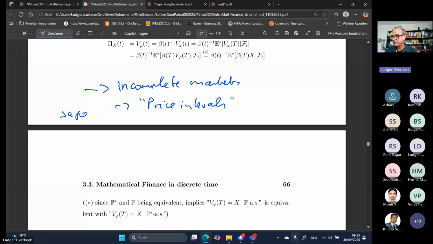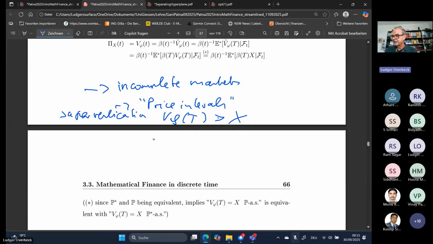This means you always find a portfolio which is larger than X. So as a banker, you will be safe. And of course, as a hedger, as an investor, you want the replicating one.